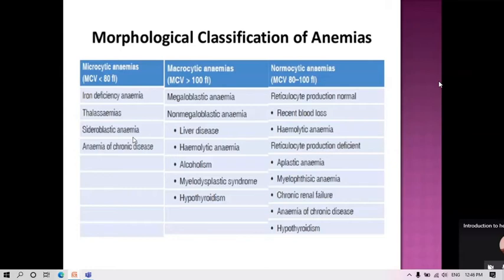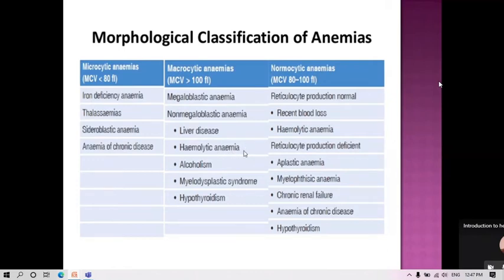Hemolytic anemia. Why is the MCV more in hemolytic anemia? Because in hemolysis, our bone marrow responds. Erythropoietin will be released, and it will send the signal to the bone marrow that you have to work more for synthesis of more RBCs. In that process, more reticulocytes will be produced, and they will be immaturely released into the blood.